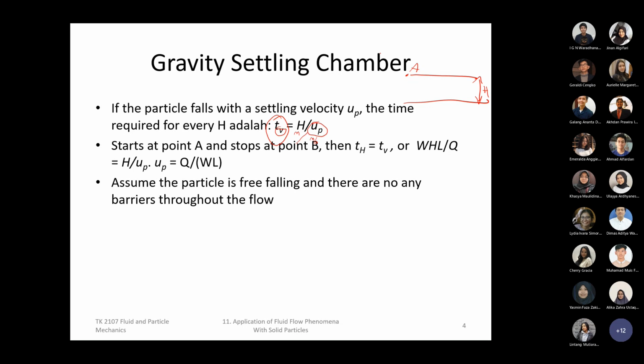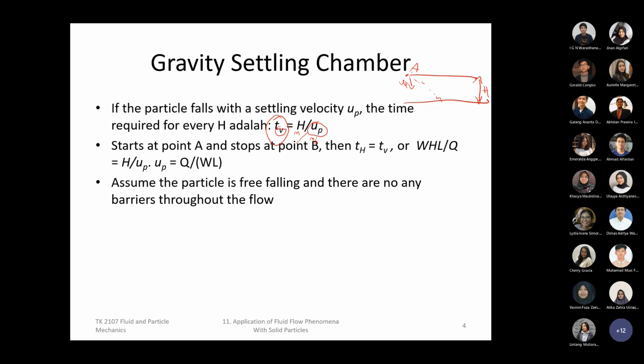So the question now is, where do I get my UP, the particle velocity in the downward direction? UP should be in the downward direction, and if you remember the formula that we just explained in the early part of this session, it has a very direct correlation with how we calculate the terminal velocity, with the Reynolds particles.